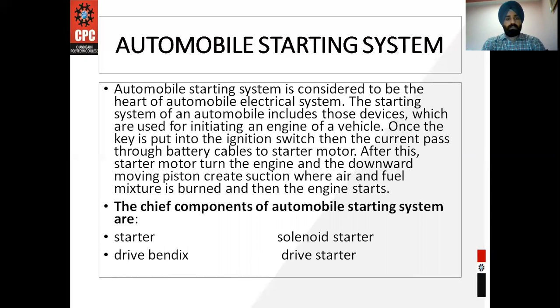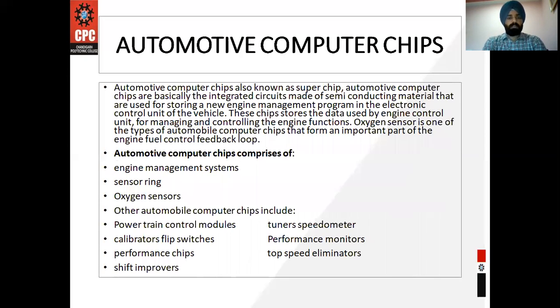Once the key is put into the ignition switch, then current passes through battery cable to start motor. After this, starter motor turns the engine and downward moving piston creates suction where air and fuel mixture is burned, and then the engine starts. The chief components of automobile starting system are starter, solenoid starter, drive bendix, and drive starter.